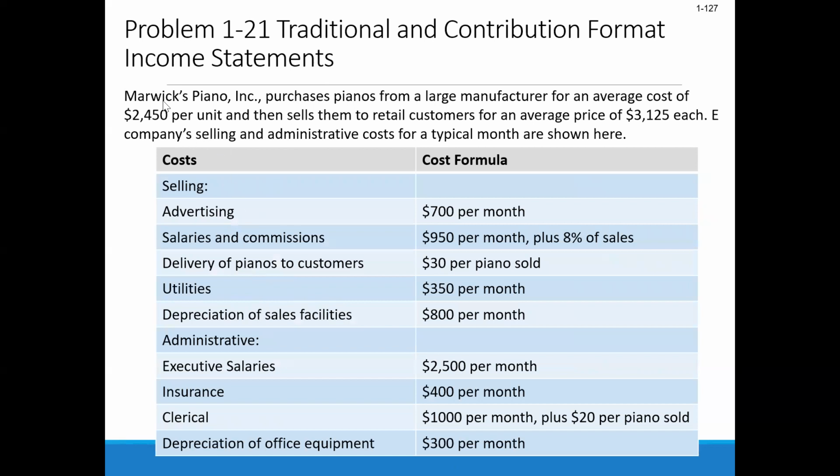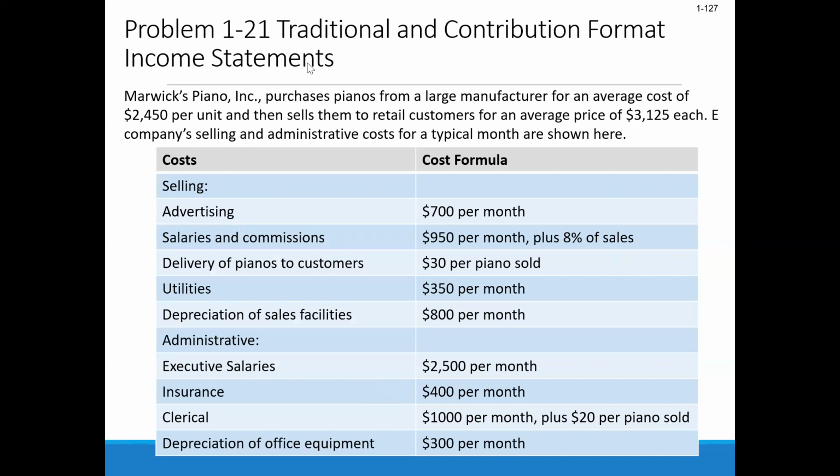To handle this, Marwick's Pianos purchases pianos from a large manufacturer for an average cost of $2,450 per unit, and then it sells them to retail customers for about $3,100 each. The company's selling and administrative costs for a typical month are shown here.